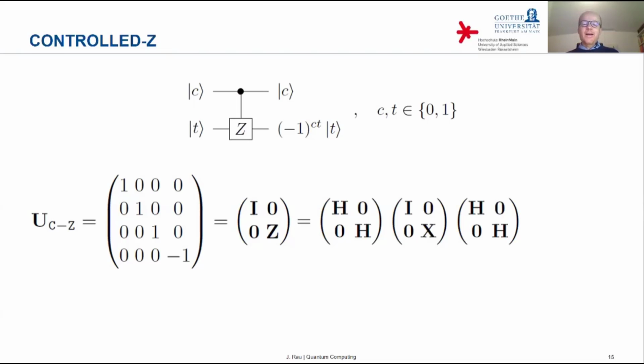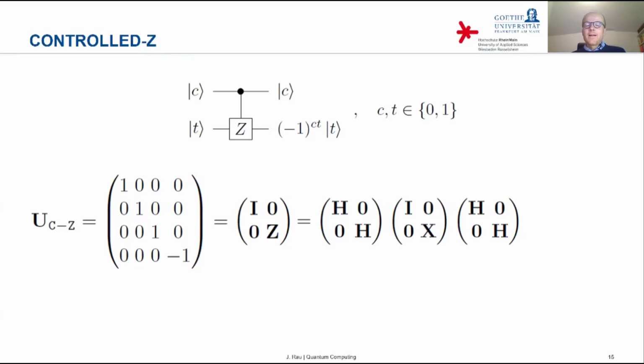Now there's an interesting identity. You can prove that for yourself at home. Maybe it's a very simple calculation that this matrix representing the controlled Z gate can be written as the product of these three matrices on the right-hand side, involving the matrix representations of the Hadamard gate, that's the H, and in the middle you have the matrix representation of the C naught.